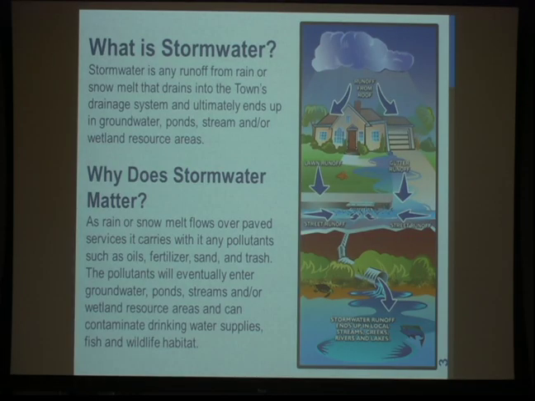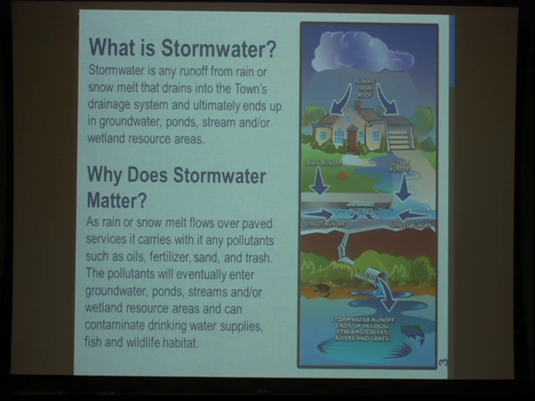This is a graphic that we use in a lot of our campaign. We have a big one over there, and it shows what happens. It's kind of elementary, but it's actually things that people don't think about, especially homeowners. When it does rain, that rain carries anything that's on the ground at the time.